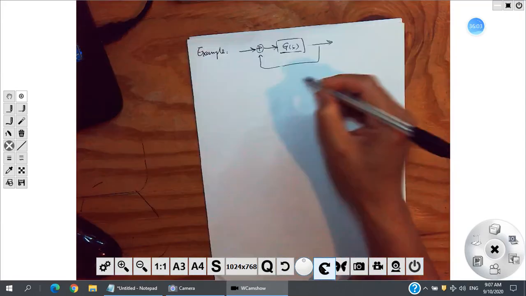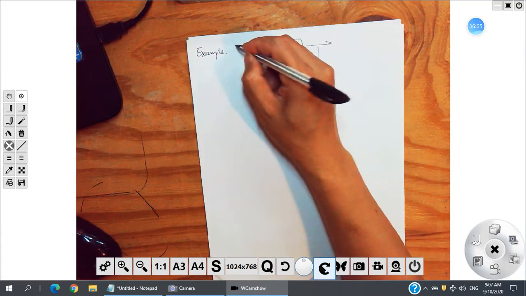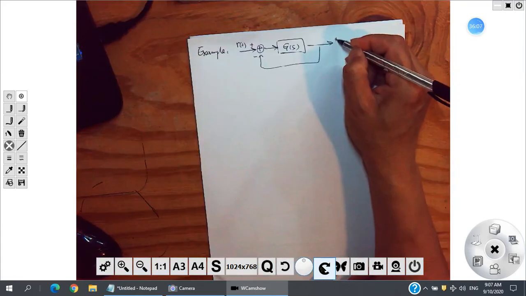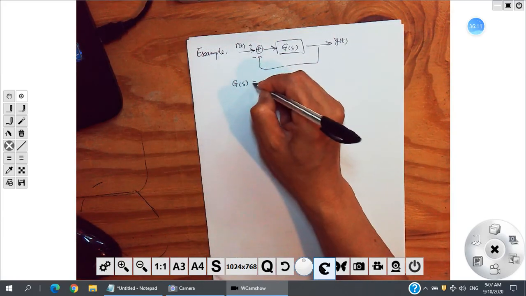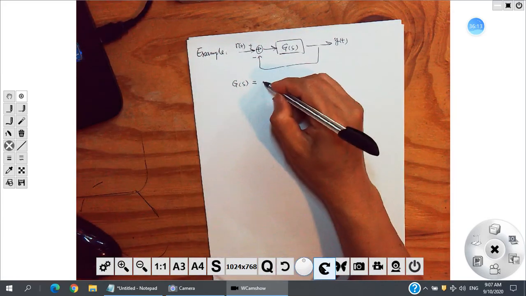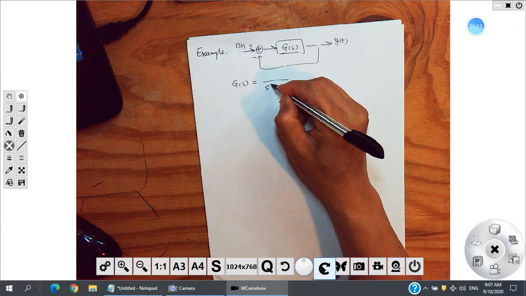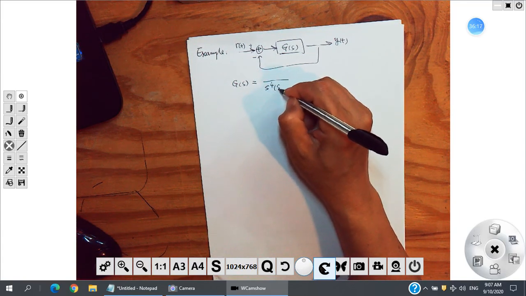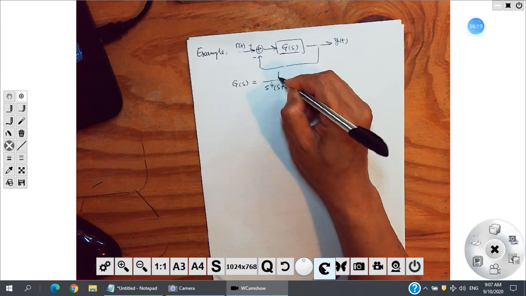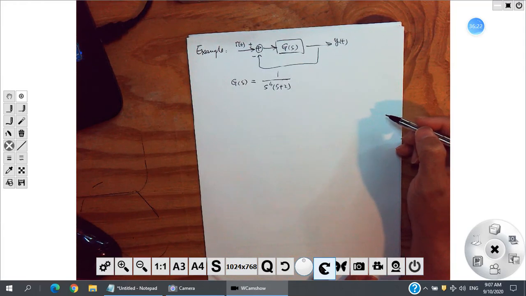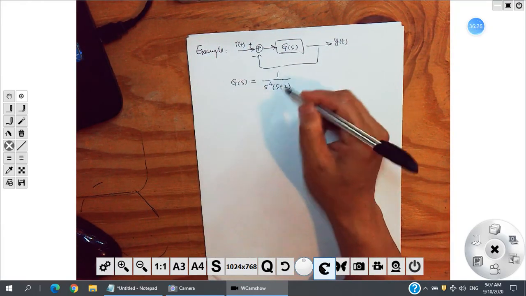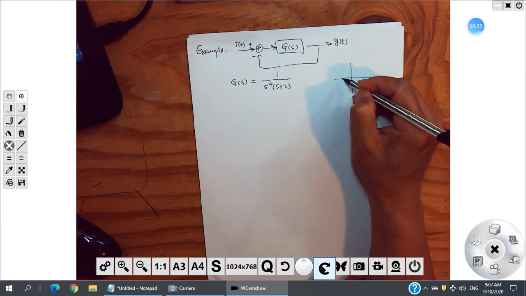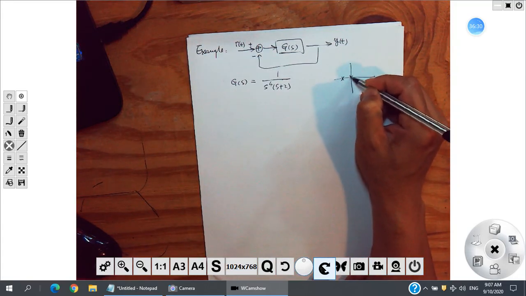I suppose this is minus, this is plus. Input is R, Y is the output, and G(s) equals 4 over s times (s plus 2). So you see, actually this is a marginally stable system, right? It has poles here and here. It's marginally stable.